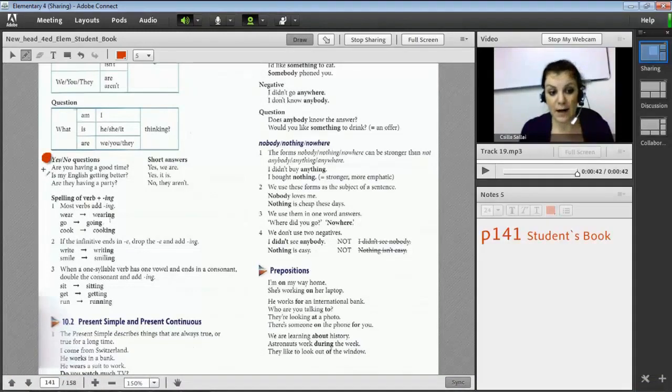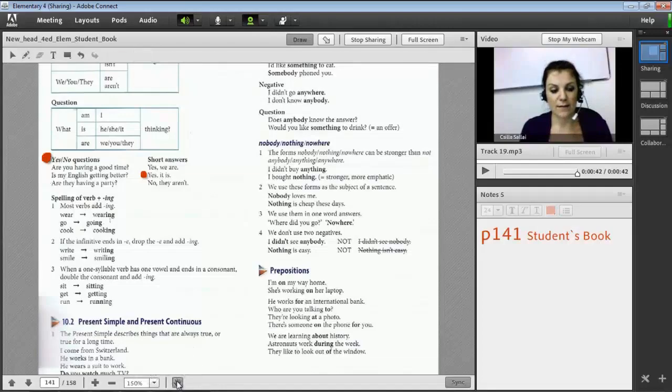Yes, it is, because in this question we talk about your English. That's why the subject is it in the short answer here. So yes, it is. And then are they having a party? No, they aren't. So make sure you agree the subject with the verb to be in your short answer.